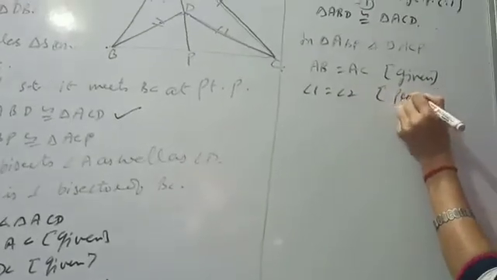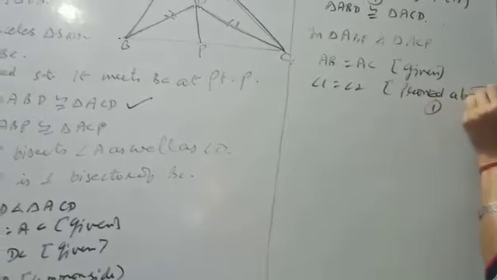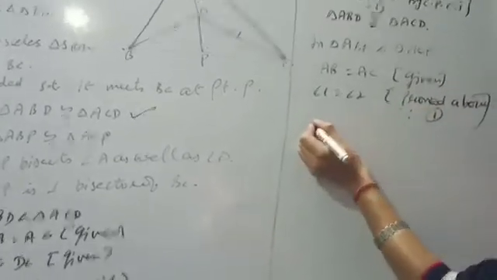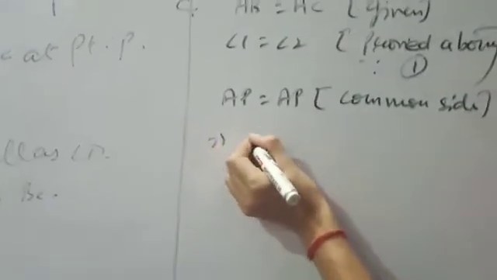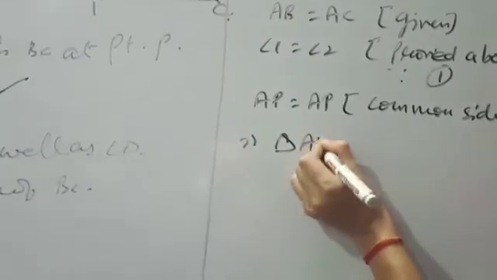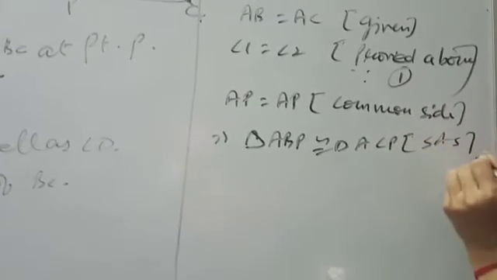It is proved above, as the first point. Then AP is equal to AP, as a common side we are taking. So we can say triangle ABP is congruent to triangle ACP by the side angle side criteria. Second part is also completed.